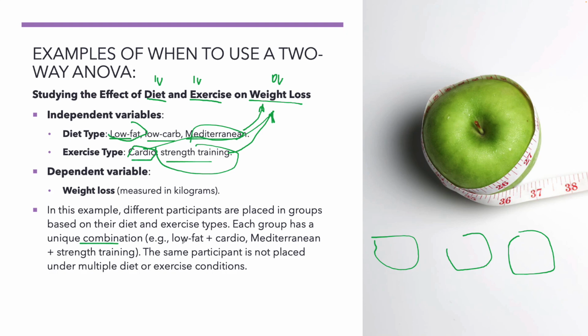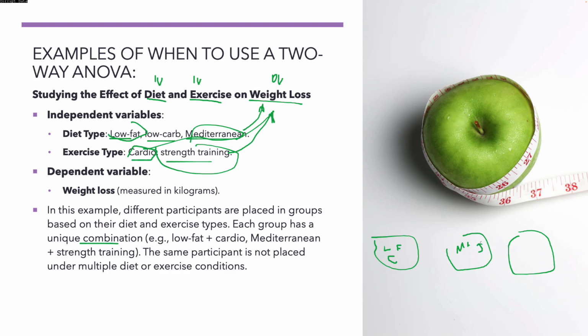So let's say this first group has low fat plus cardio, right? So this would be low fat plus cardio. We have Mediterranean and strength training. So let's say we have Mediterranean plus strength.